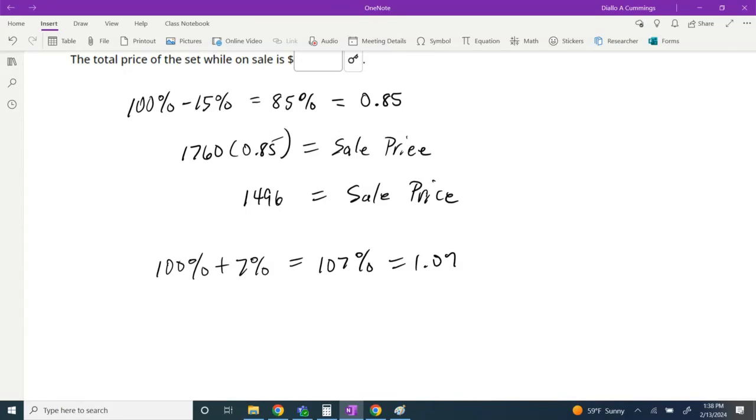So I'm going to take the sale price, which is $1,496, and I'm going to multiply that by 1.07. This should give me the price with sales tax added.